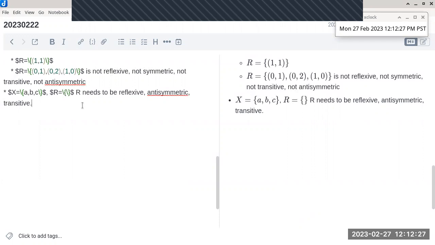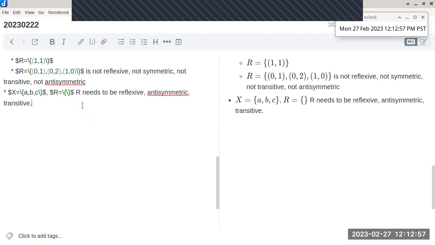All right, so we'll start with this. Give me a set R such that it is a partial order defined for X. First thing first, we'll look at reflexive. So the question is, what do I need in order for a relation to be reflexive? Have to be AA, BB, CC.